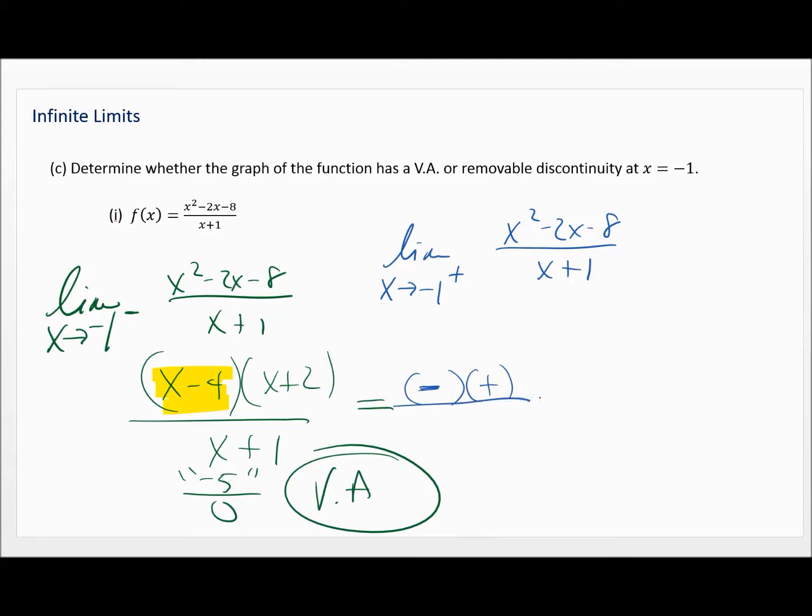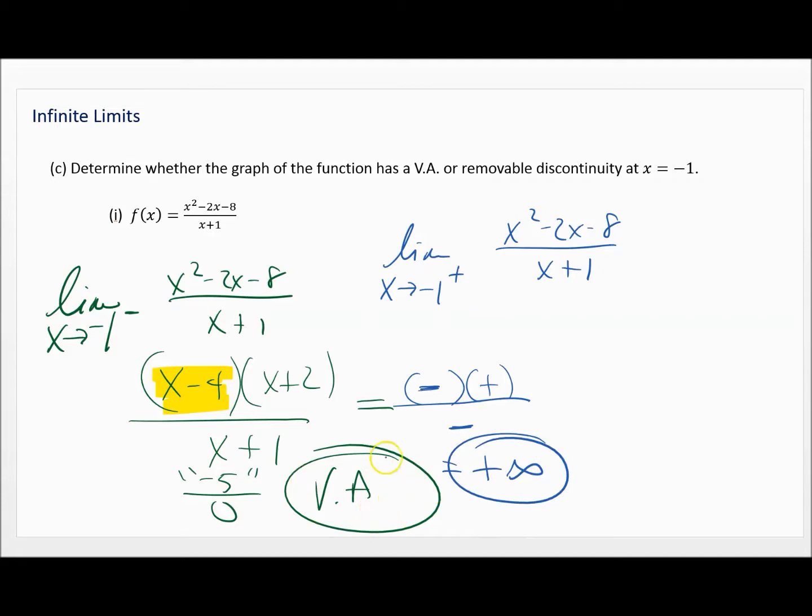You agree? A little less than -1, not a lot less, just a little. And then in the denominator, I plug in a number a little less than -1, and I add 1 to it, that's still going to be negative. So overall, that gives me a positive answer, right? Negative on top, negative on bottom, positive. So that goes to plus infinity.